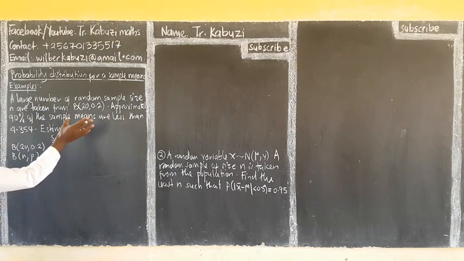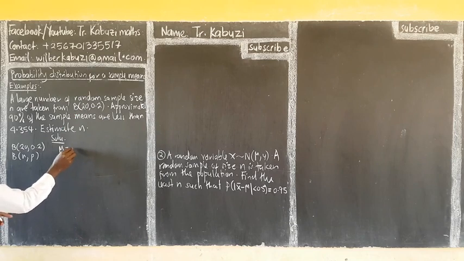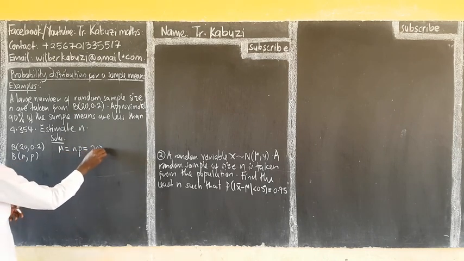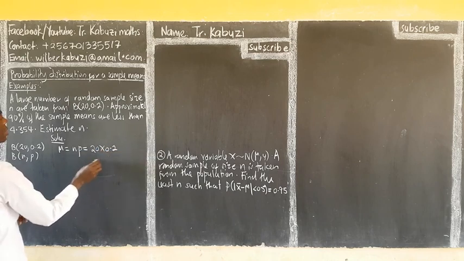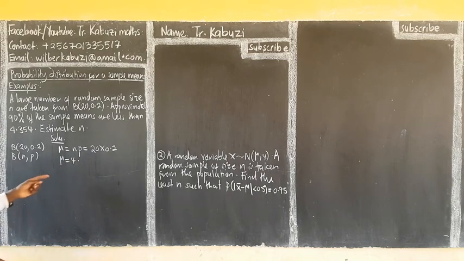For a binomial, the mean is given by np. This is now 20 times 0.2. So here our mean will be 4. Now that's the first part.